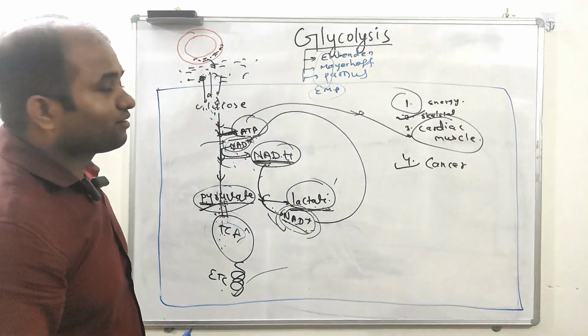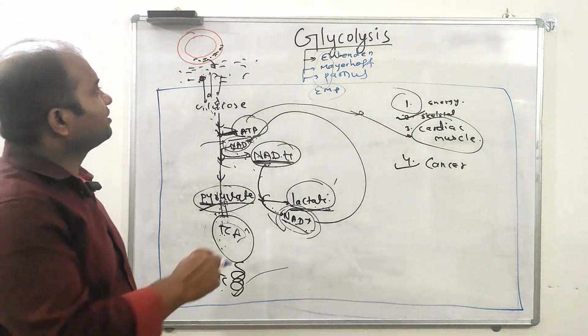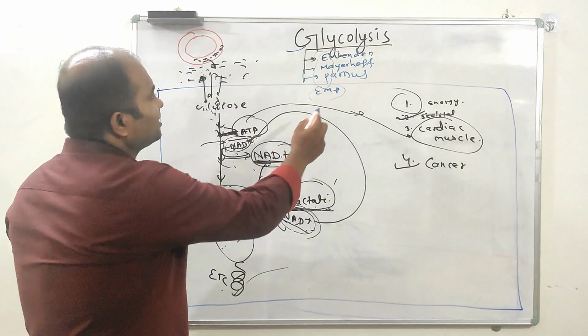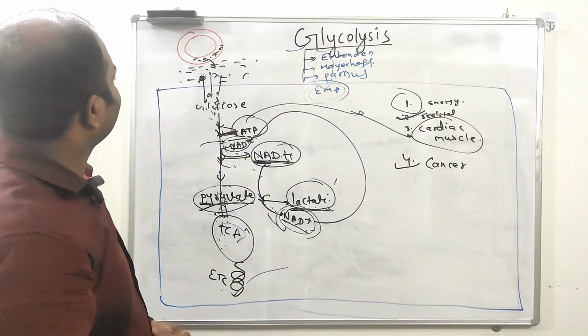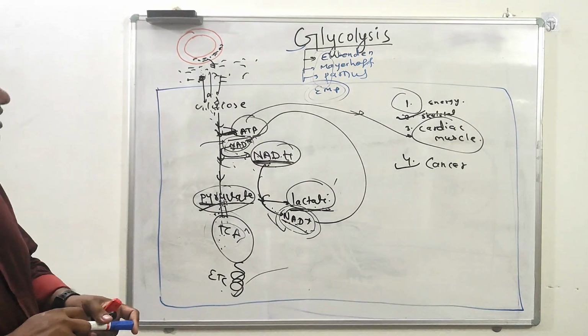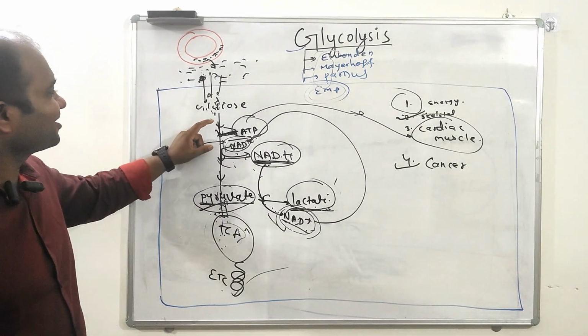Hope I am clear. So now we have seen the different names and definitions. We have seen the importance of glycolysis. Then we have seen the different names, the inventors, and where the enzymes are located. So now we are going into detail of each step. You are getting it?